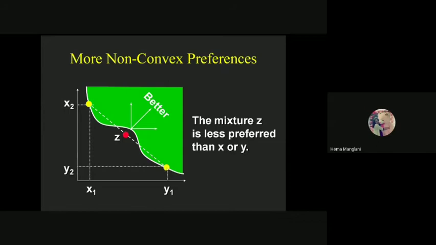But I cannot draw the convex bundle here, because I need to take the average bundle of the two extremes, but the middle concavity is not allowing me to opt for this point Z, which is less preferred than the points X and Y. So that is why such a zigzag curve of non-convex preferences does not allow choosing this particular point Z, and we could call them non-convex or concave preferences.